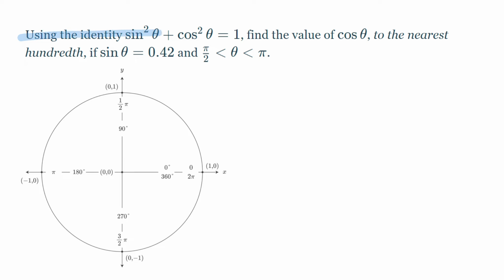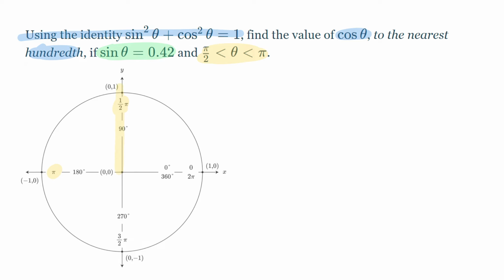It says use the identity to find the value of cosine of theta to the nearest hundredths if sine is equal to 0.42. And then here's the next part. When we are between half pi, which is right here, and 1 pi, which is right there.